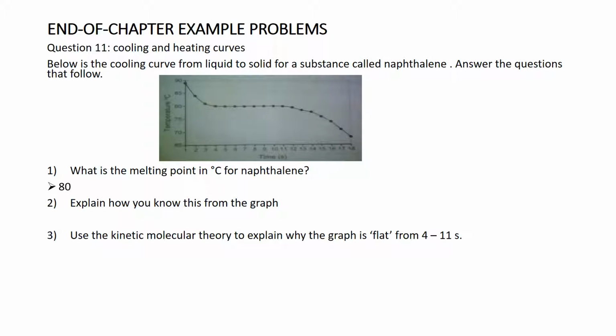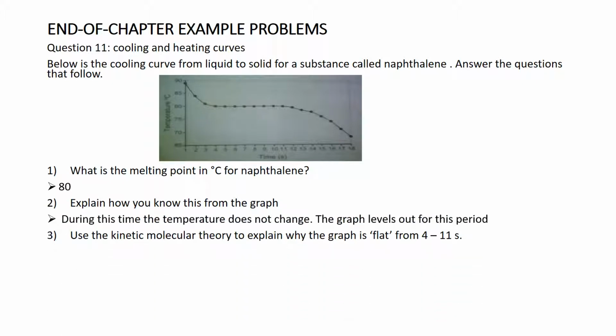And then you should explain how you know this from the graph. You know because during this time the temperature doesn't change, and so the graph levels out for this period.